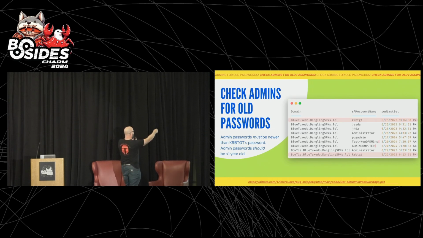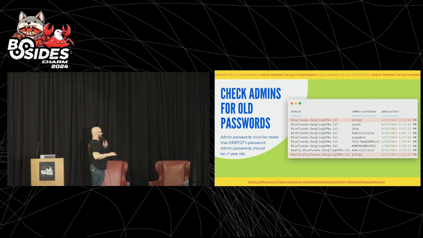That means all the accounts afterwards are able to be added to the Protected Users group, except for the service account and the computer that I put in there. However, if we look at Bowtie, a child domain, the administrator account here is actually older than the KRBTGT password.